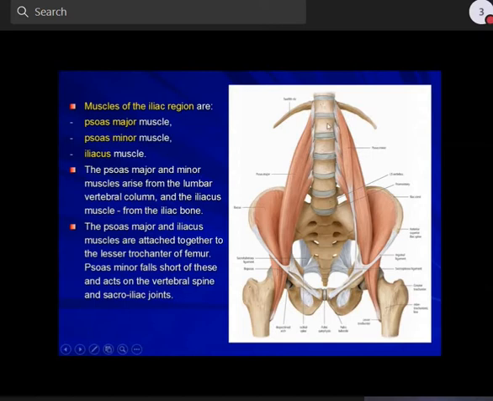The psoas major starts with the lumbar spine. It's a very important muscle consisting of two parts, superficial and deep, between which is the origin of the lumbar plexus. So the lumbar plexus is positioned between its superficial and deep parts.